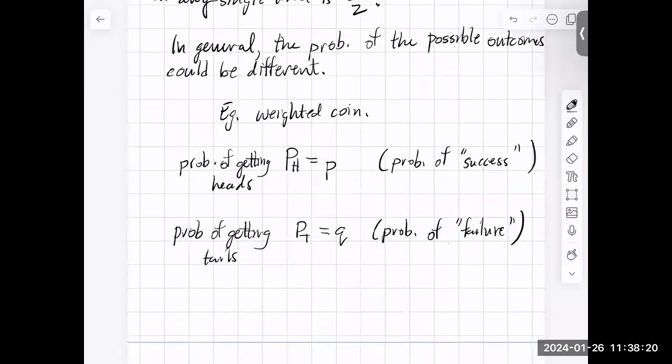Remember, if you ask the probability of getting X or Y, you take the probability of X plus the probability of Y. If you ask the probability of getting X and Y, you take the product of the probability of getting X times the probability of getting Y. So here we're asking for heads, then tails, then tails, then tails, and then it's going to be P times Q times Q times Q. Okay.